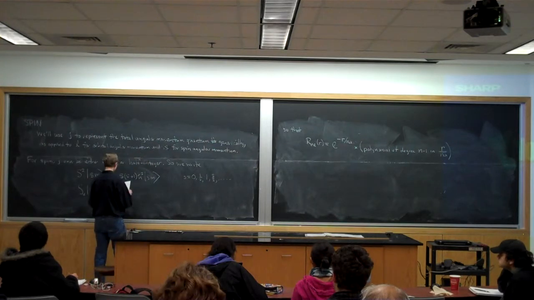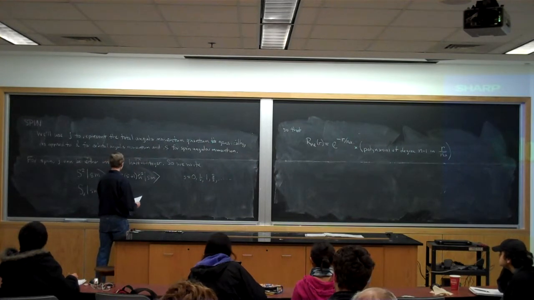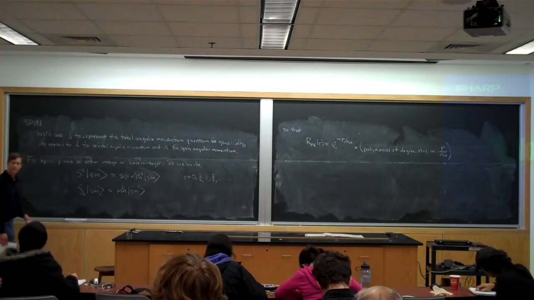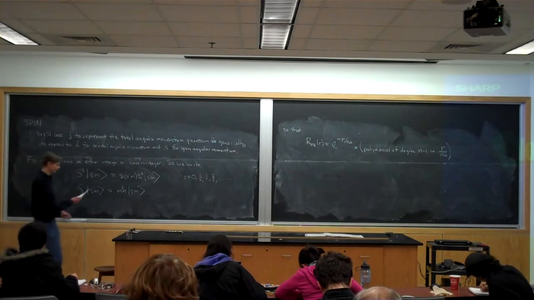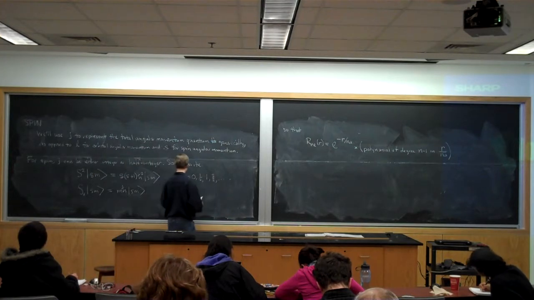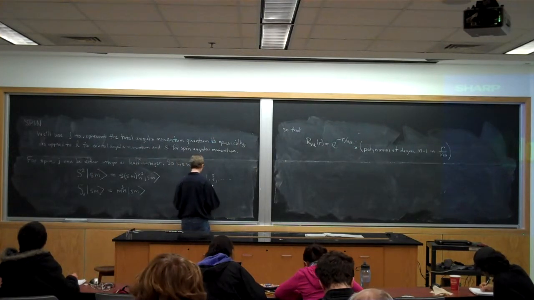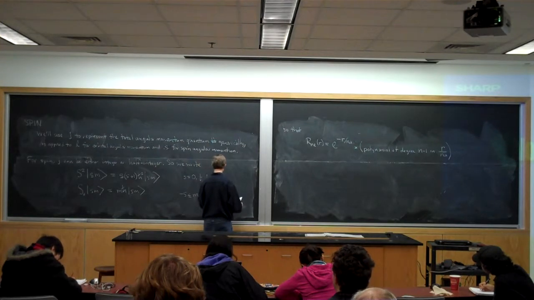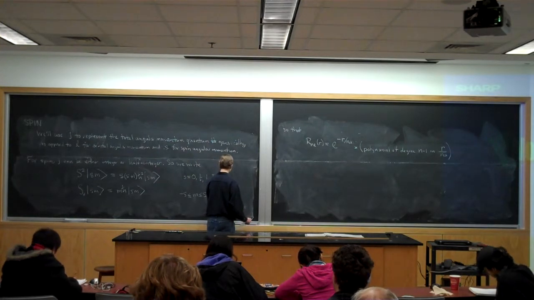Here we've got that m times h bar is the eigenvalue, where minus s is less than or equal to m is less than or equal to s in steps of 1.